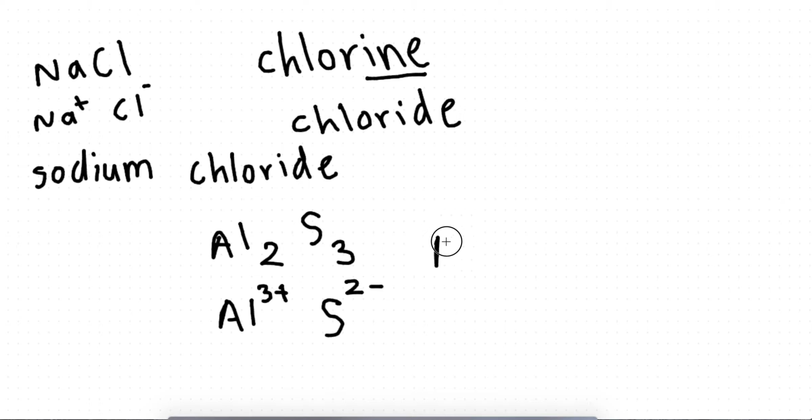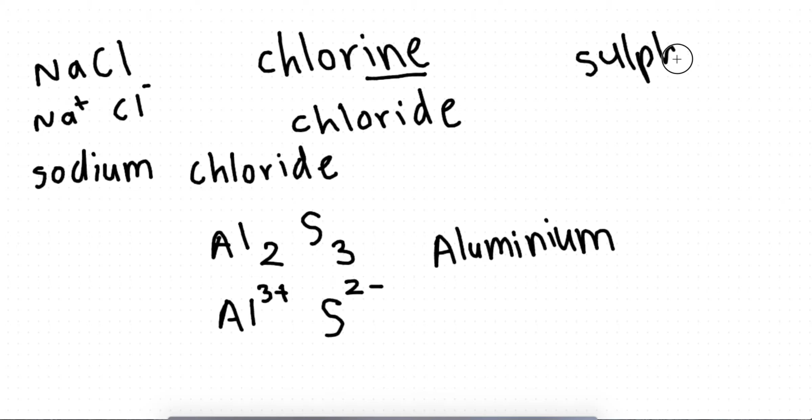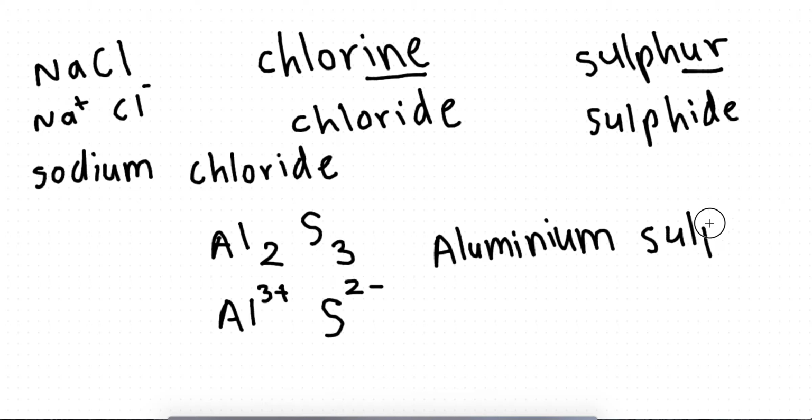So the name would be aluminium. Will it be aluminium sulfur? No, students. Remember what we said about negative elements, ions, sorry. The ending is always IDE. So we get sulfide, aluminium sulfide.